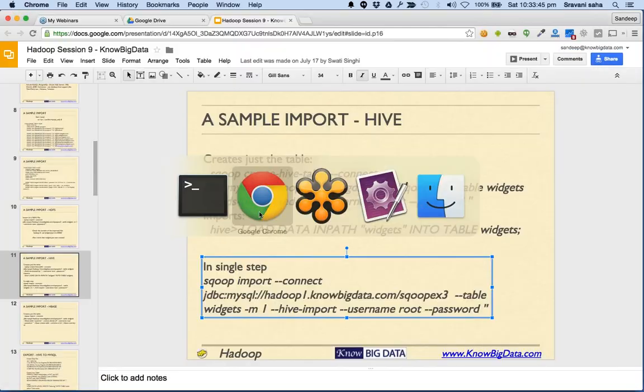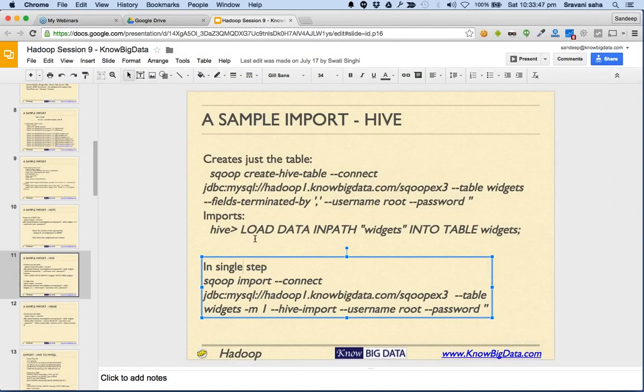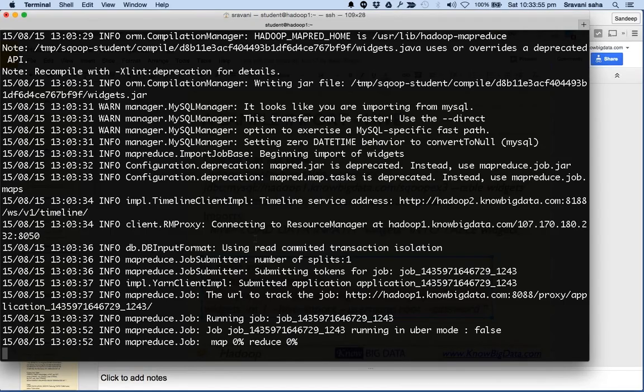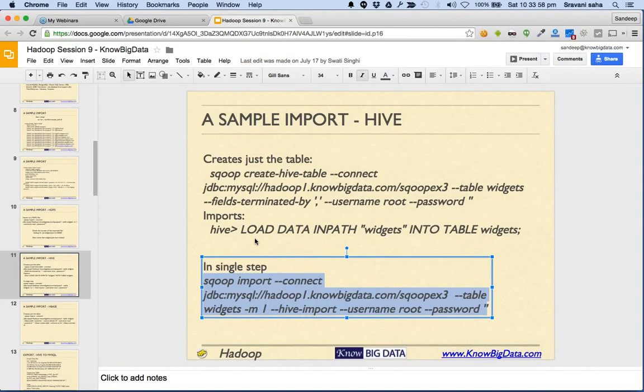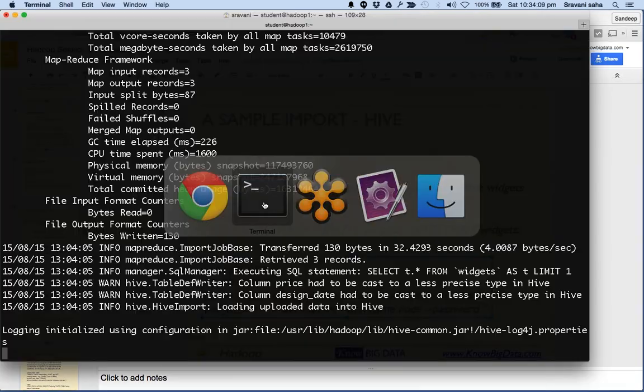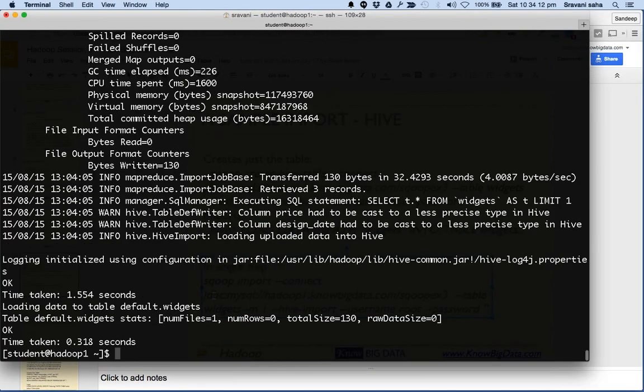Basically what we are trying to do is copy data from MySQL into Hive in a single shot. Let's just wait. I'm hoping it will finish.